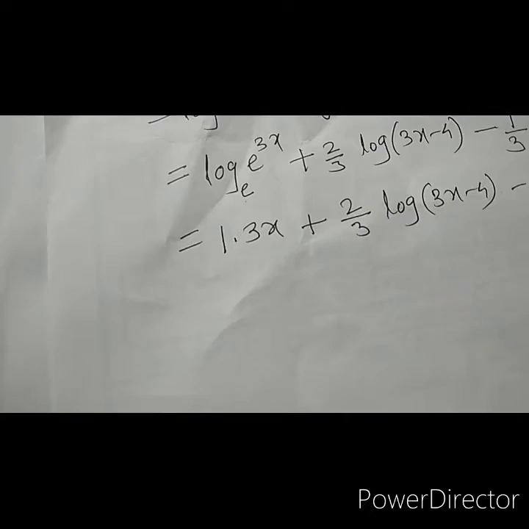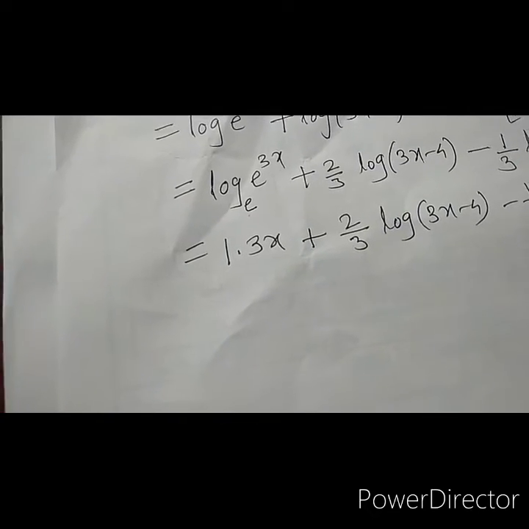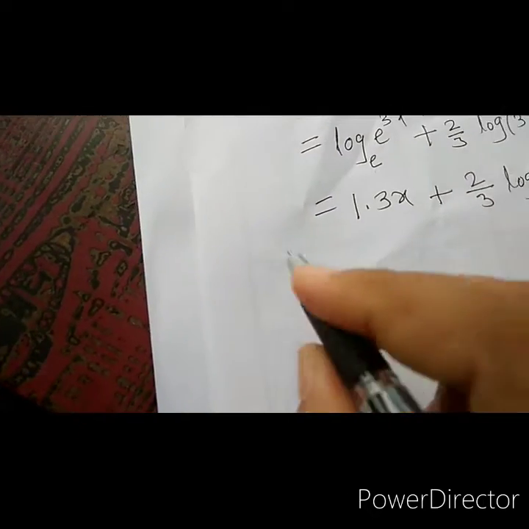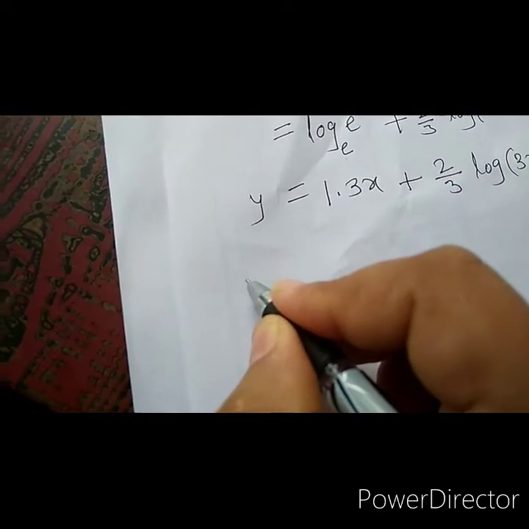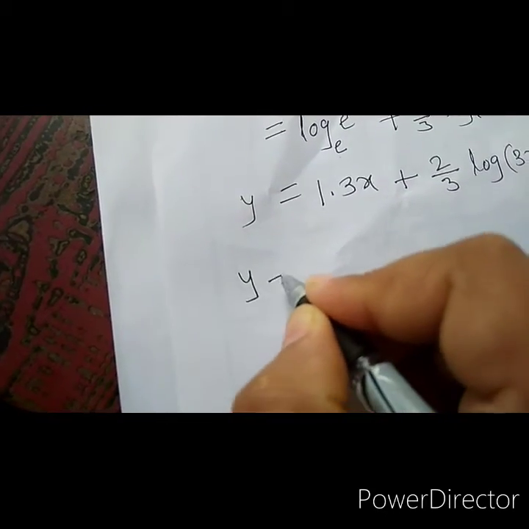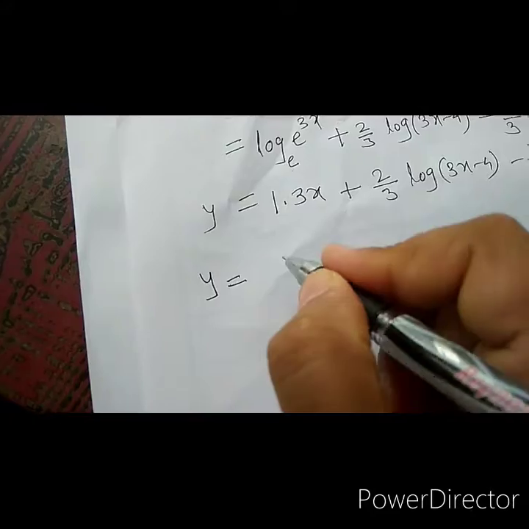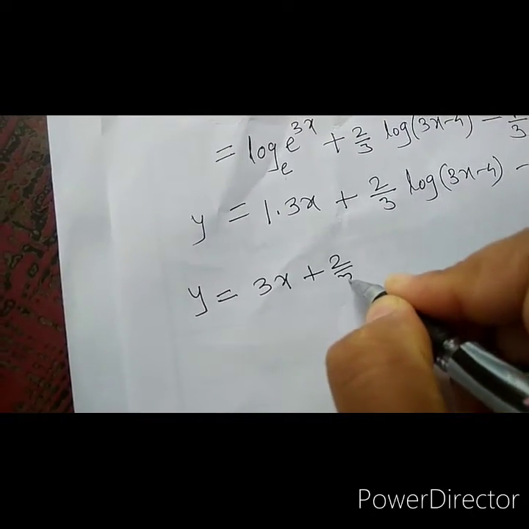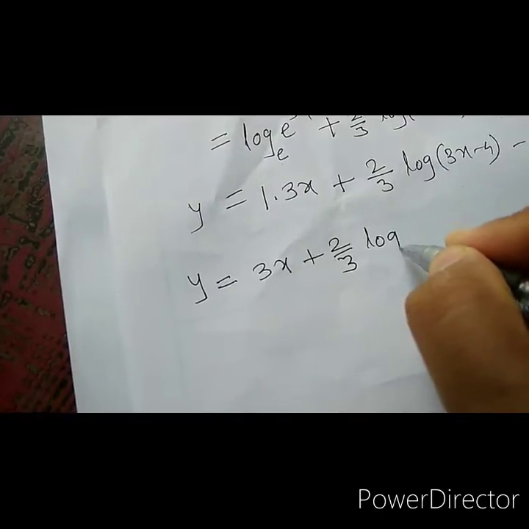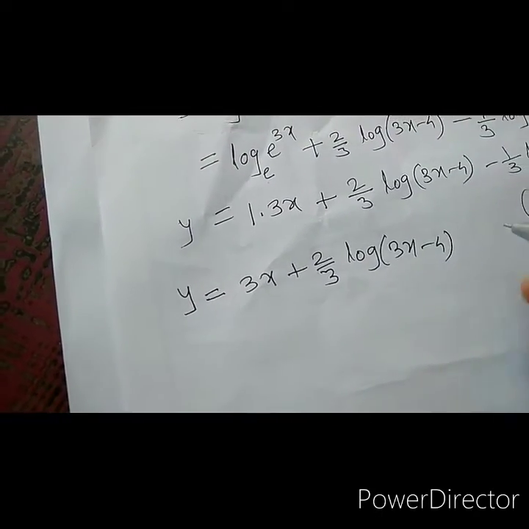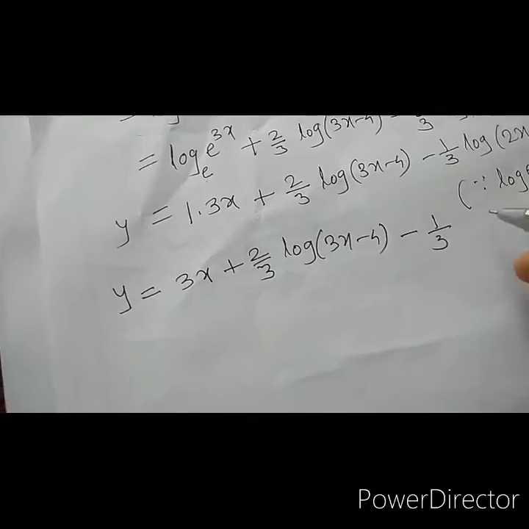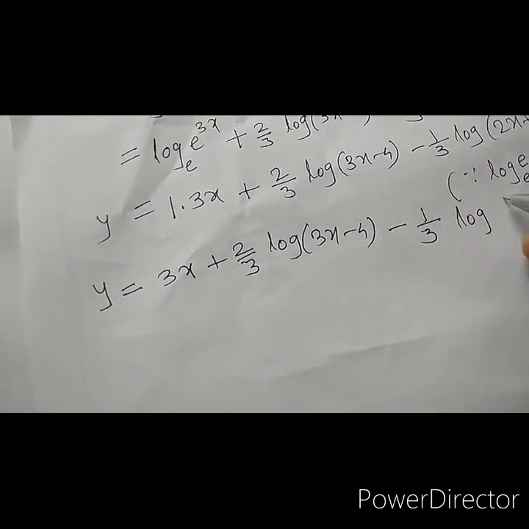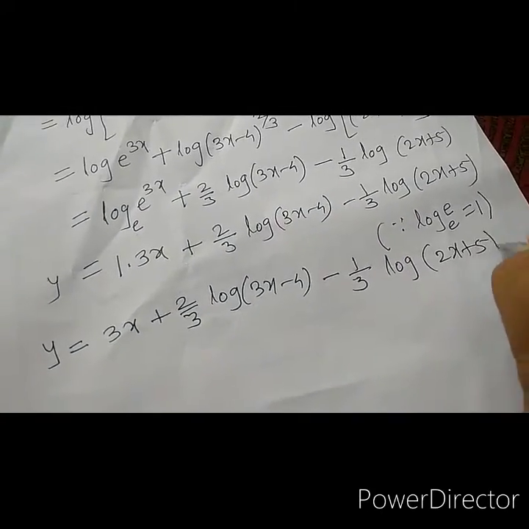Since log e to the base e is equal to 1, now here we got y is equal to 1 into 3x, that is 3x, plus 2 upon 3 log of (3x minus 4) minus 1 upon 3 log of (2x plus 5).